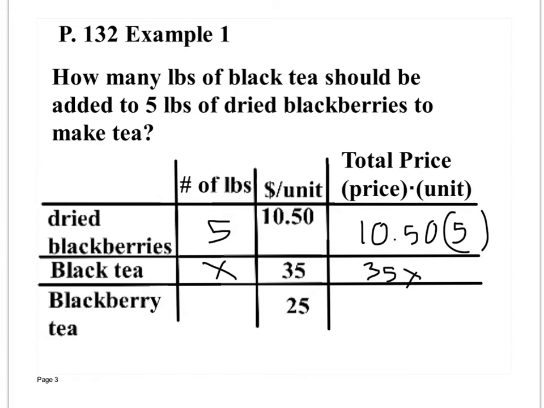My blackberry tea is a combination of the two, so my number of units is going to be 5 plus X, because it's a combination of blackberries and the black tea. It costs $25 per unit, so my total price is 25 times (5 plus X) inside parentheses.